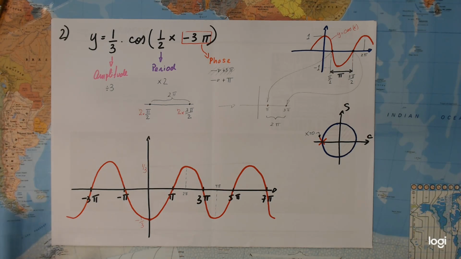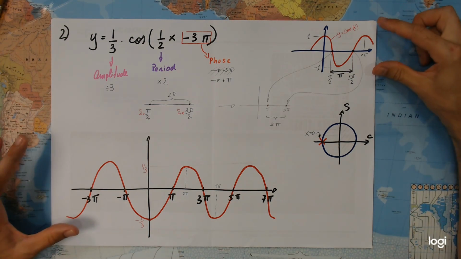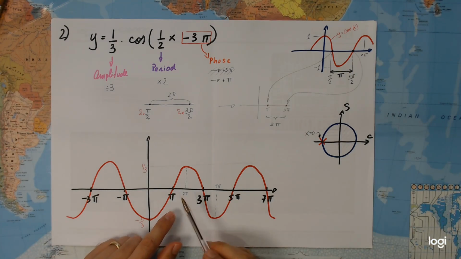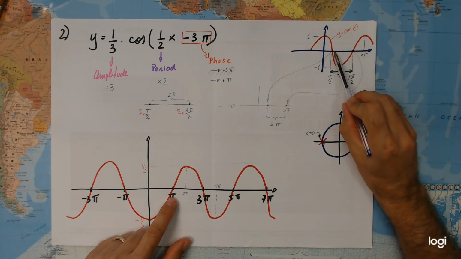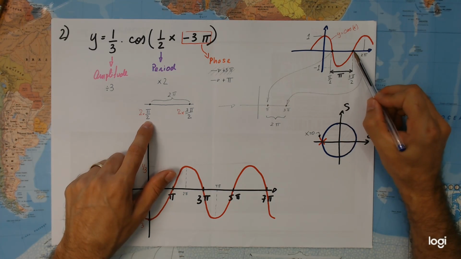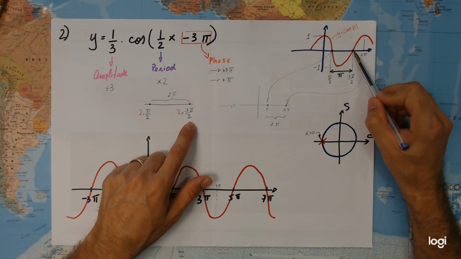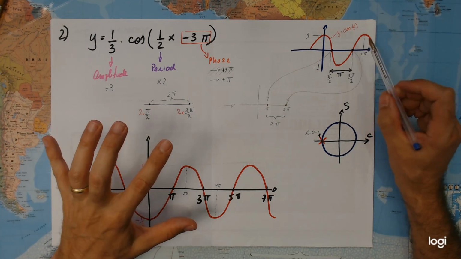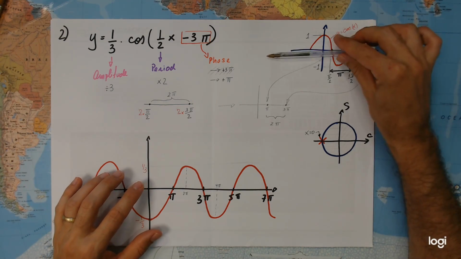The second part of the problem is this. Draw the cosine in here, and I always like to take the roots. So take this root, pi over 2, put in here. Take this root, 3 pi over 2, and put it over here. What is going on with the entire axis, okay?